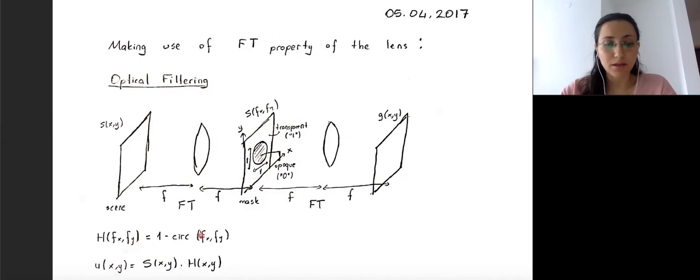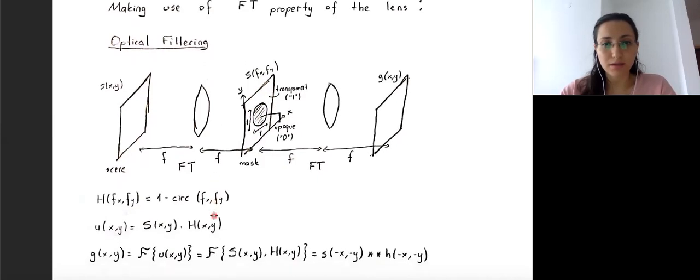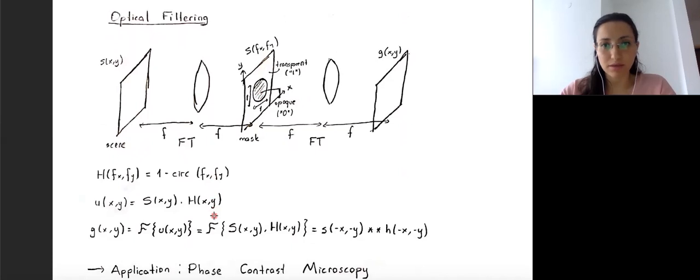Okay, let's understand what we discussed in a mathematical way as well. Now we can express the mask here as 1 minus a circle function, because we want this mask to be 0 inside this circle and 1 outside the circle. Here I'm assuming that the circle function, or this circular support, has a diameter of 1.